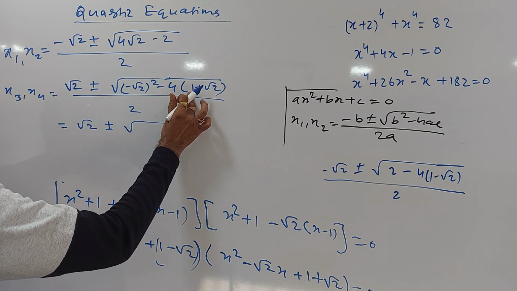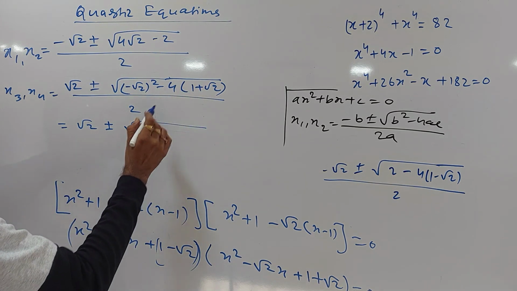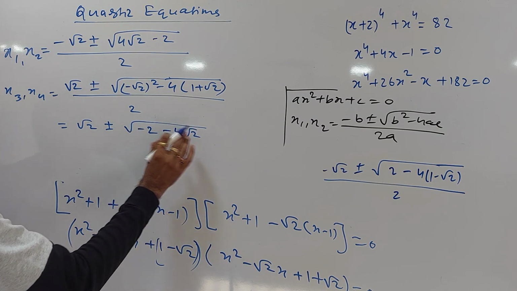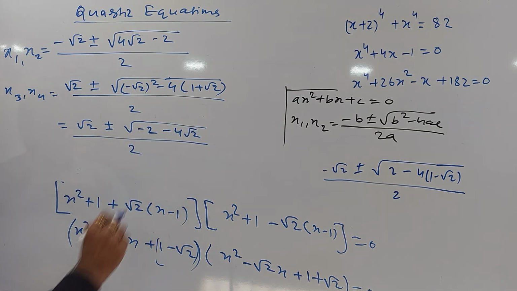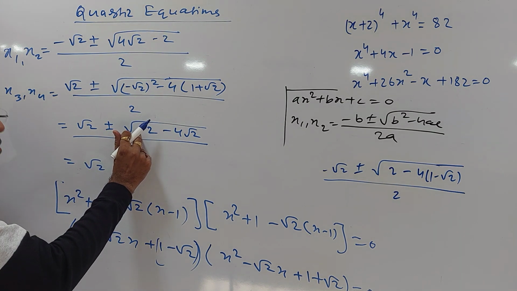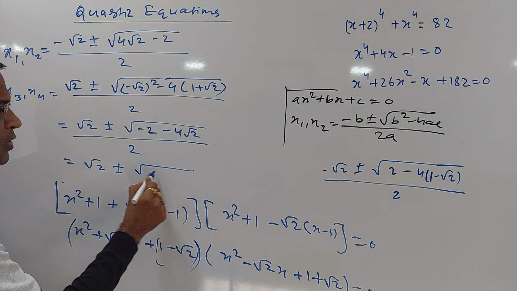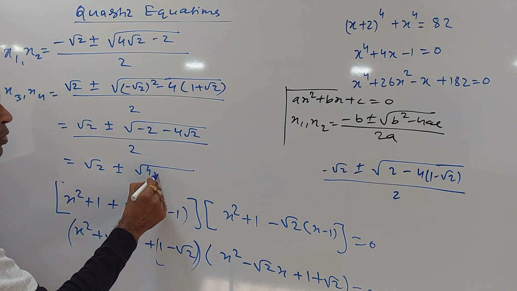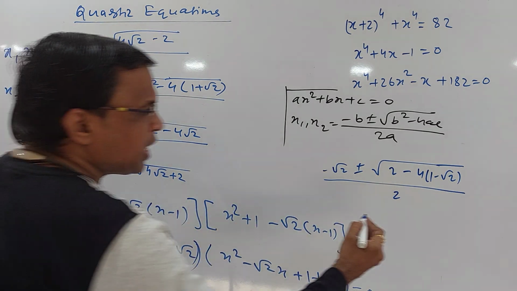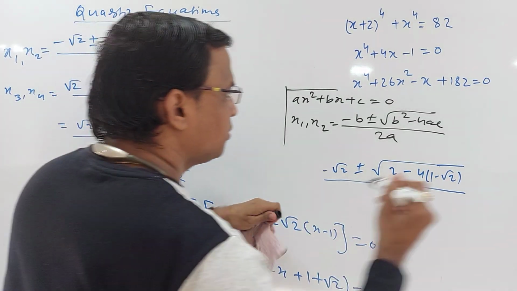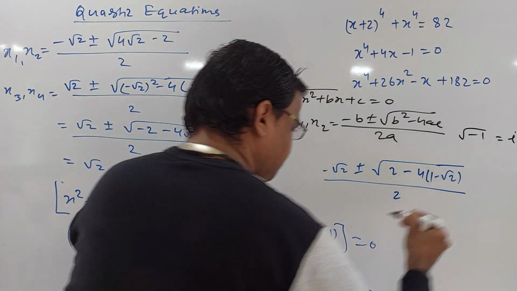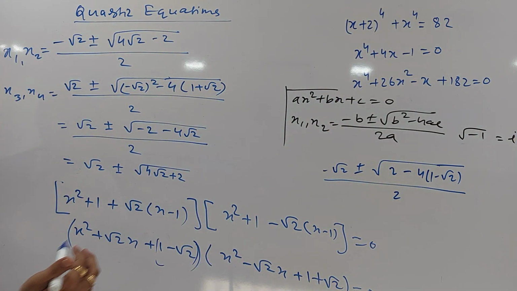So it gives me root 2 plus or minus, and it is negative square positive, root 2 square is 2, 2 minus 4 is minus 2, so minus 2, and it is minus 4 root 2. Of course it will give me a complex solution, upon 2. So what will be the complex value of this? Plus or minus, if I take minus common, inside it will be 2 plus 4 root 2, or 4 root 2 plus 2, into minus 1, and we know that minus 1 inside under root gives iota, we call it iota, a complex number.